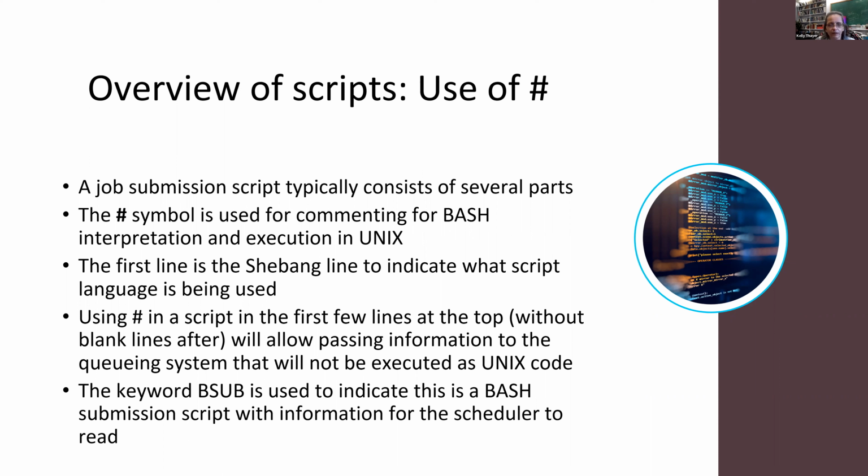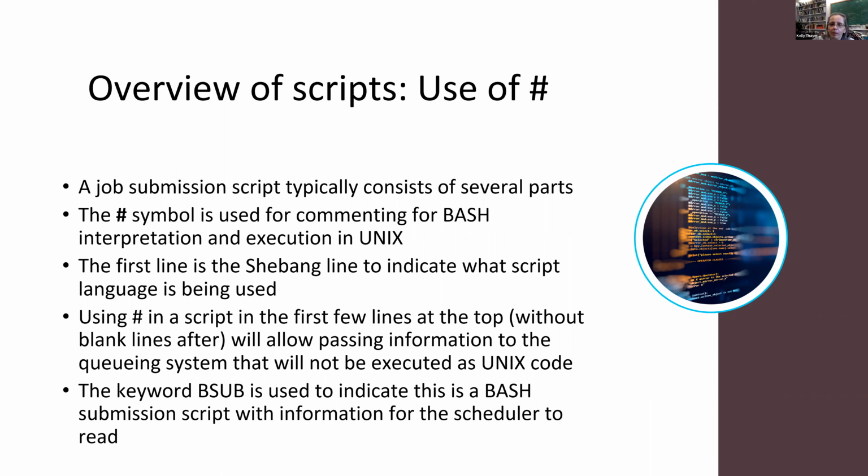The first line is going to be called the Shebang Line. This indicates what script language is being used so that we can explicitly tell the operating system what code it should run in order to execute your script. The pound symbol in the first few lines at the top, without the blank lines after, will allow passing information to the queuing system that will not be executed as Unix code.